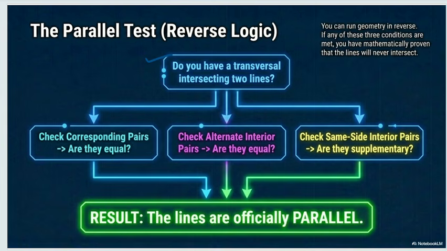If they are equal, then we can easily say these two lines are parallel lines. The line intersecting these two lines forms eight angles, and the pairs of these angles: corresponding pairs are equal, alternate interior pairs are equal, and same side interior pairs form supplementary angles. Supplementary angle means they form 180 degrees.